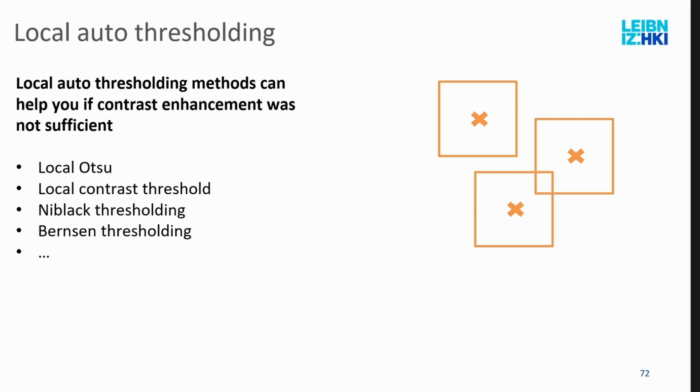So imagine if your local window is in a spot that is particularly dark, so Otsu would only see the histogram of this dark region and would do something, because it's an algorithm, it's dumb, it doesn't know anything. It will just do something and calculate a threshold based on what it sees. But then you have these special local thresholding methods here.